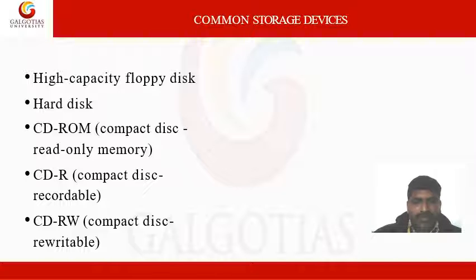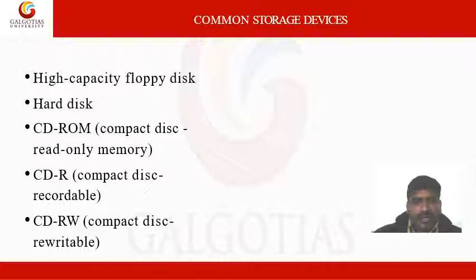Hopefully, a compact disc costs only 10 rupees or maybe 12 rupees, or if you purchase in bulk, you can get it for 6 or 7 rupees per CD. Even the rewritable CD costs around 20 rupees. So, compact disc rewritable.